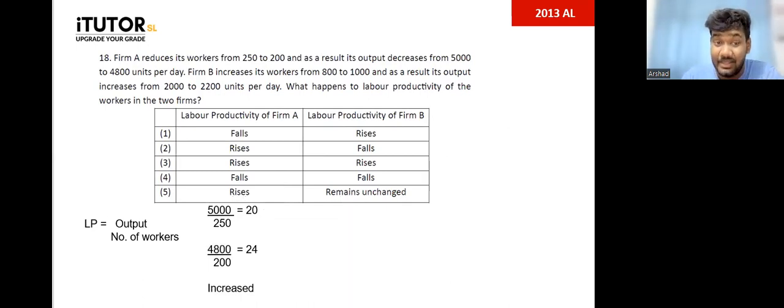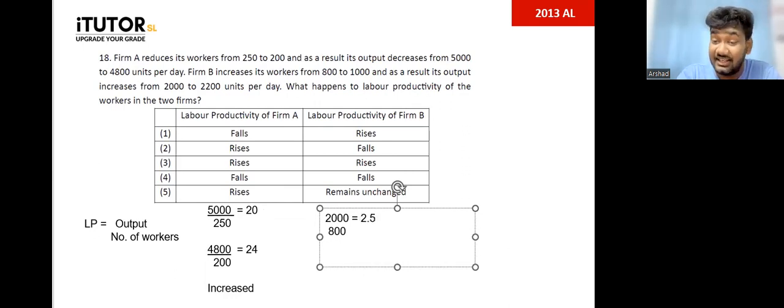We'll look at firm B now. Firm B, initially they had 800 workers producing 2,000 units. So 2,000 divided by 800. How much is their productivity, guys? 2,000 divided by 800, 25? No, 2.5. Right.